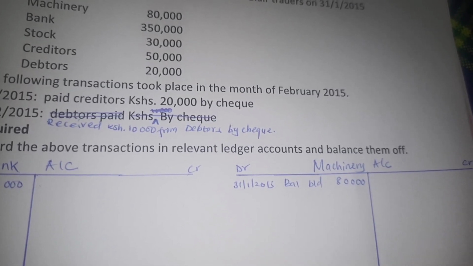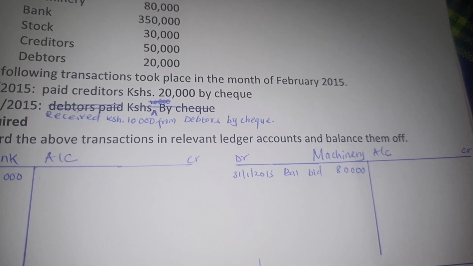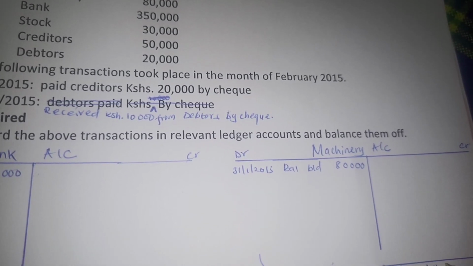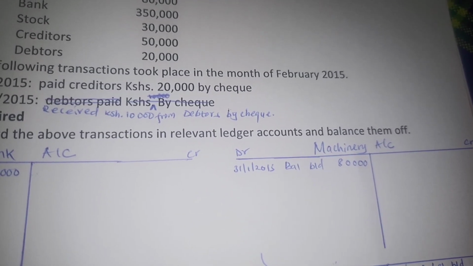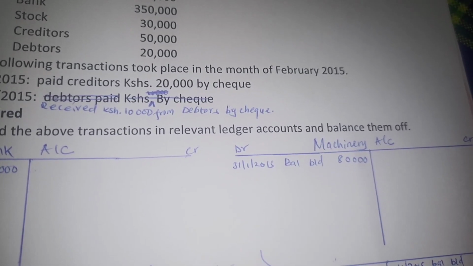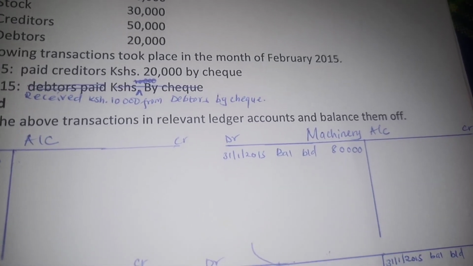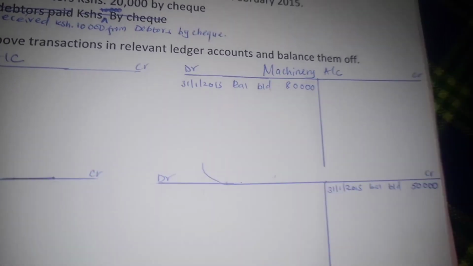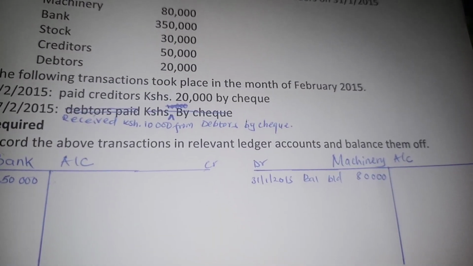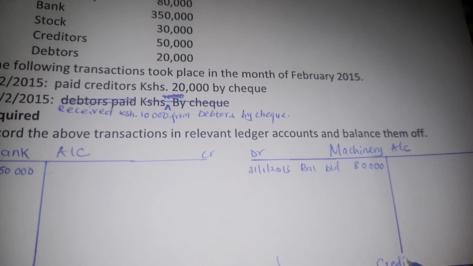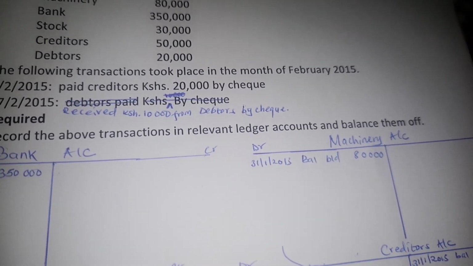So 31st January 2015, the balance that was brought down amounted to 50,000. This is the creditors account.